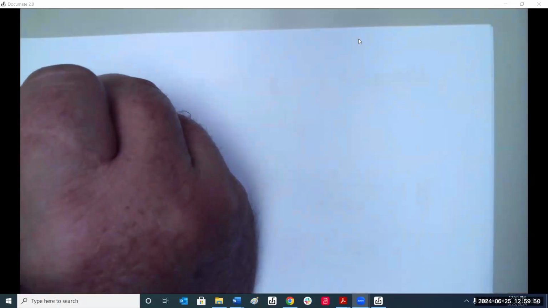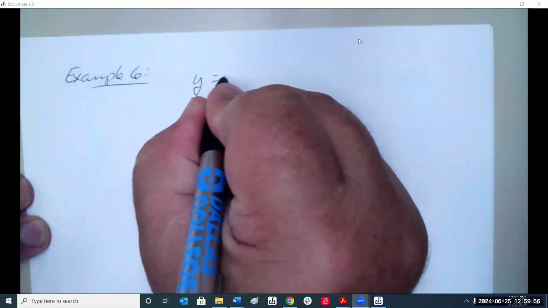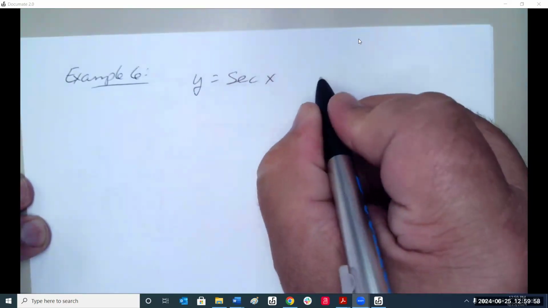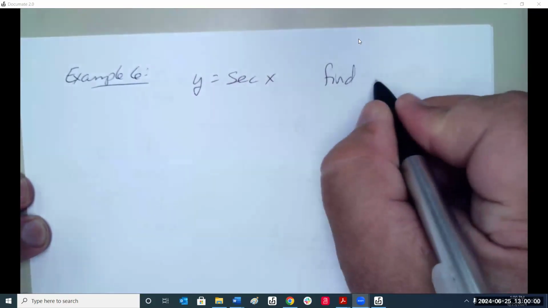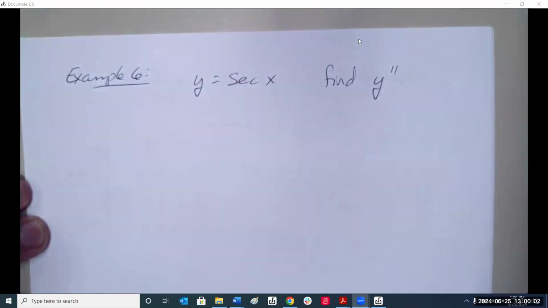Let's try a second derivative. Example 6. y equals secant x. Find the second derivative.